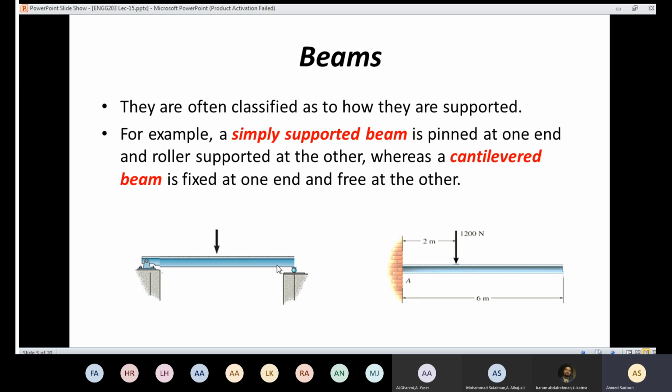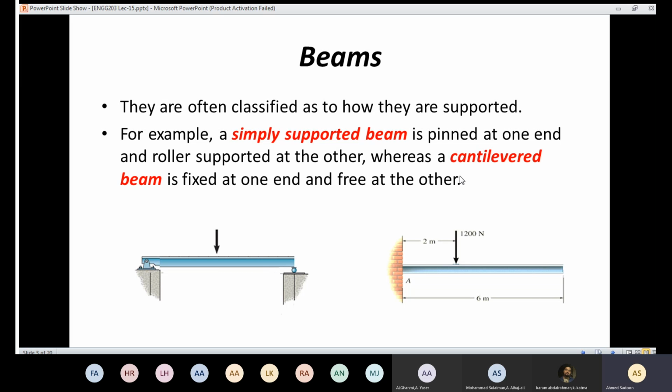So in this case, we have a pin support at this end, and at the other end we have a roller support. If this is the case, we are going to name this a simply supported beam. So when we say that we have a simply supported beam, it means that it's pinned at one end and we have a roller at the other end.